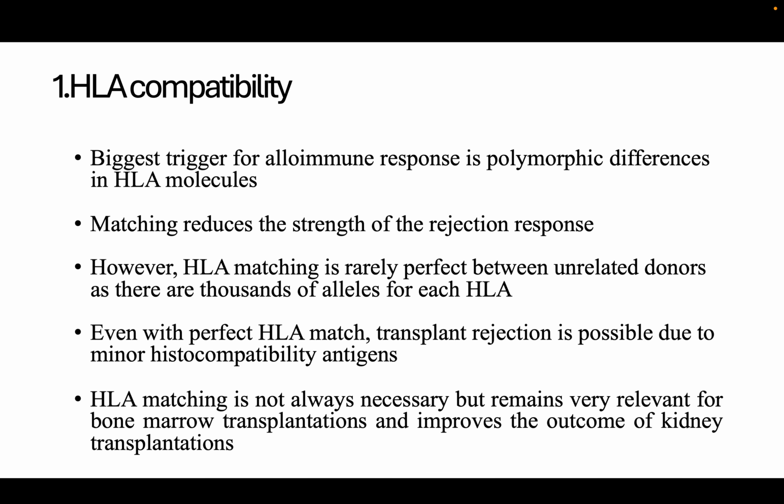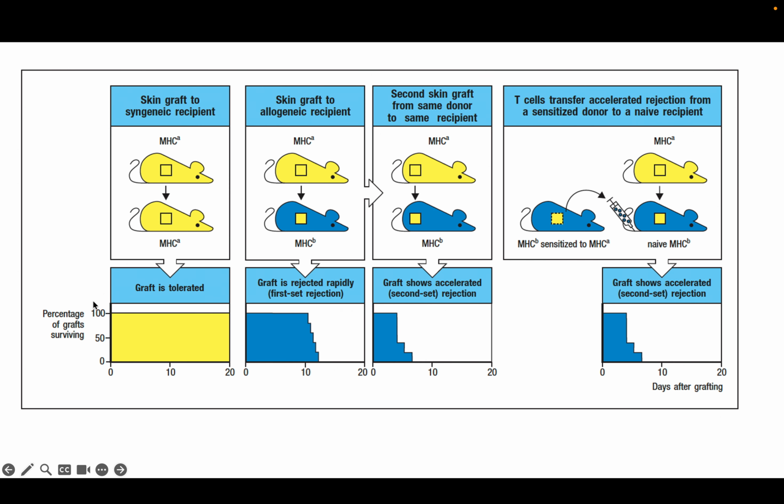For example, if you have here this MHCA and you're transplanting it to here, let's imagine that you're transplanting skin to skin. Well, let's imagine you have these two mice. The skin of this mouse and the skin of this mouse should be genetically very similar, super similar.